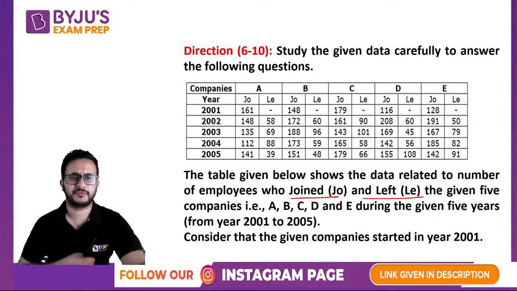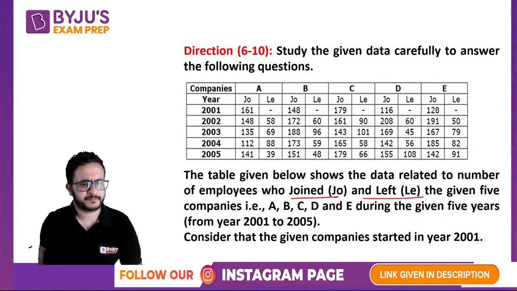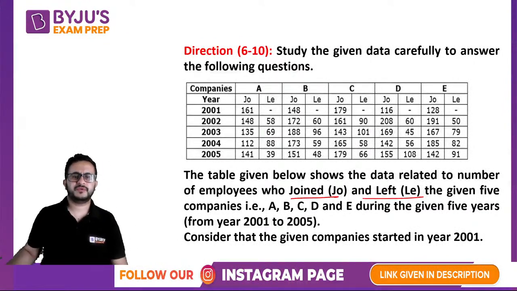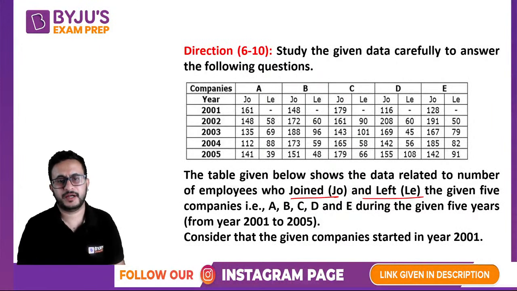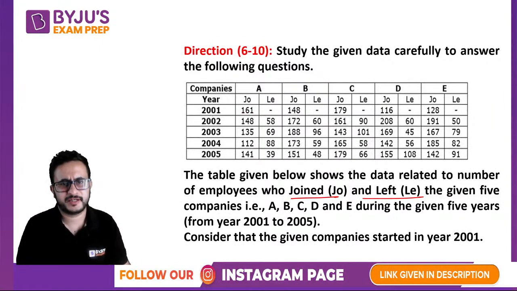Now this is a slightly more difficult question compared to the previous one. The previous one was very simple. In this case, what we have to do is, see, if there are 161 employees in 2001, let us say we are talking about A in 2002. So 161 were already there.